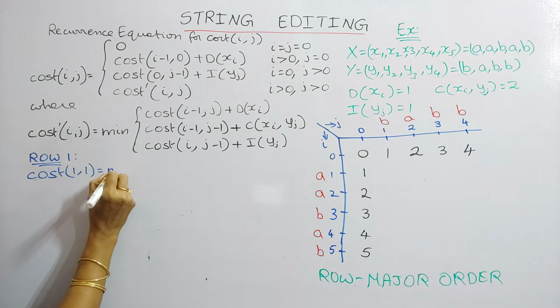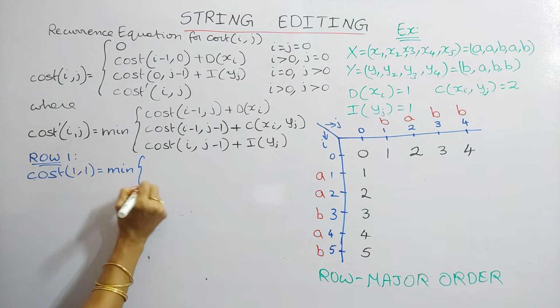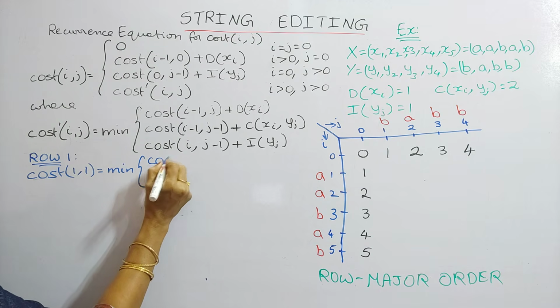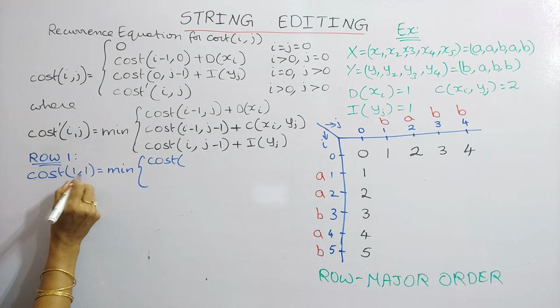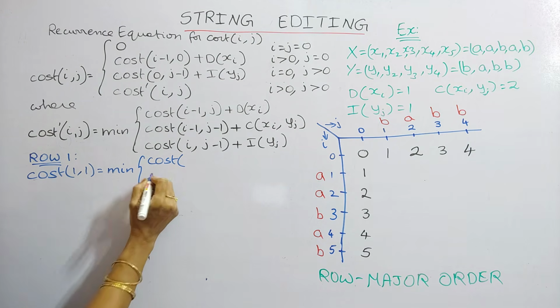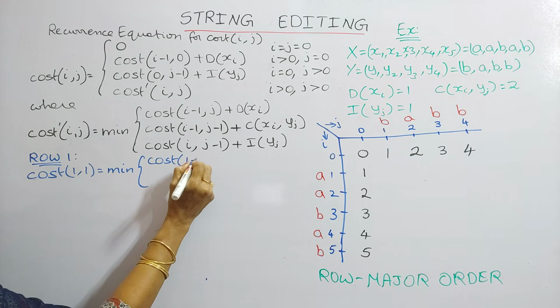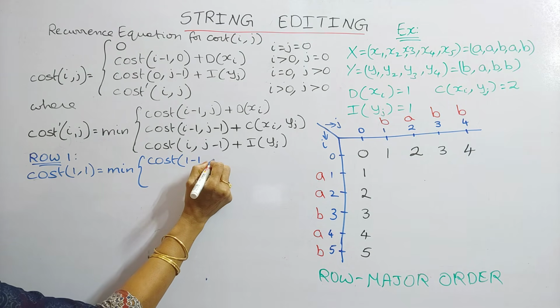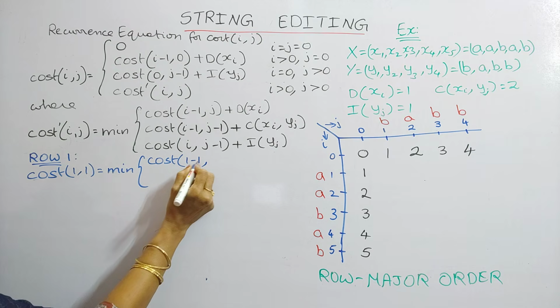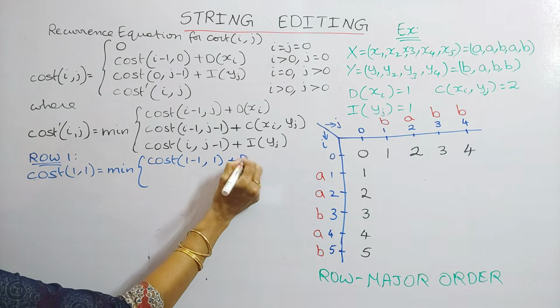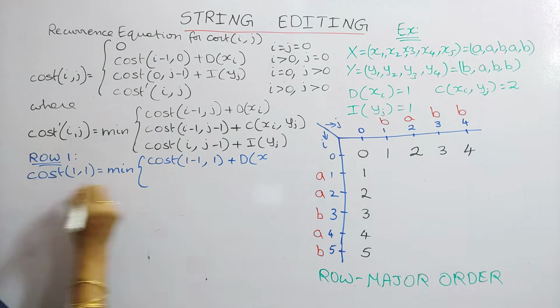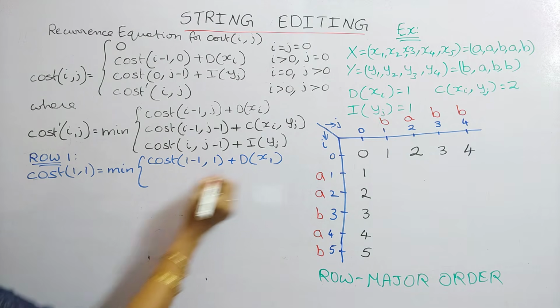So it is minimum of cost of, here I is how much? I is 1 and j is 1. So that's why it will become I minus 1 comma I is 1 minus 1 comma j, j is 1 plus d of x I is 1. xi means x1.